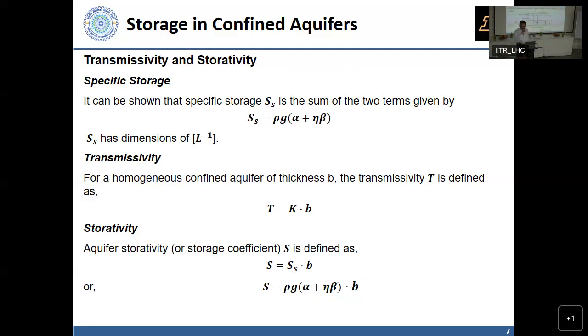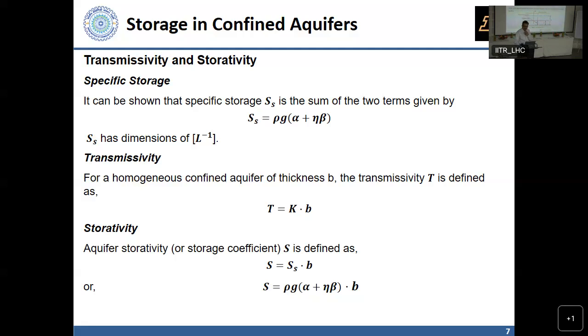So let's look very briefly at what these equations are going to be like for some simple cases. Here we have two-dimensional, essentially horizontal flow in a confined aquifer. This is the confined aquifer over here, it has a thickness of small b, and the piezometric surface of this confined aquifer is given by small h.